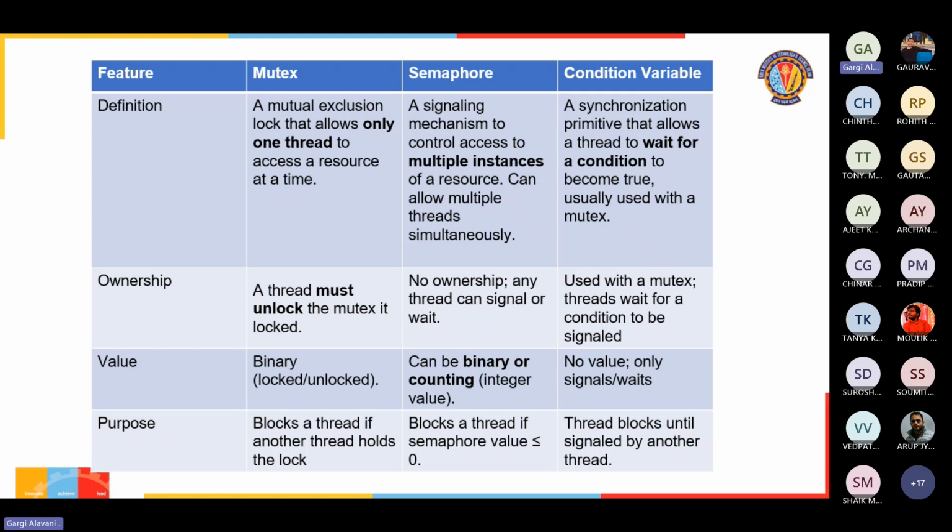The purpose of a mutex is to block a thread if another thread holds the lock. With a semaphore, if the value is less than 0 it blocks, and if it is greater than 0 it allows. In a condition, the thread blocks until the condition is true or false, and then a signal.